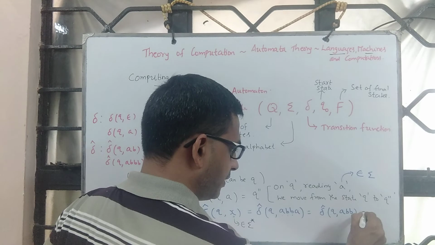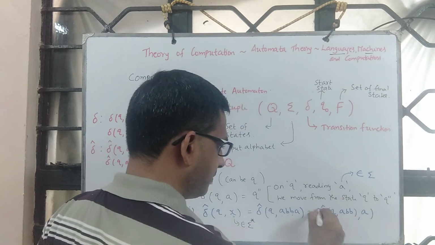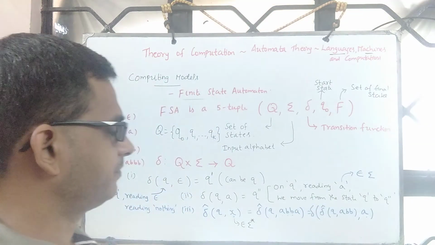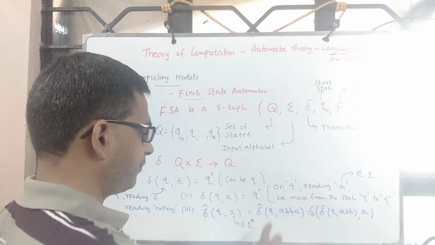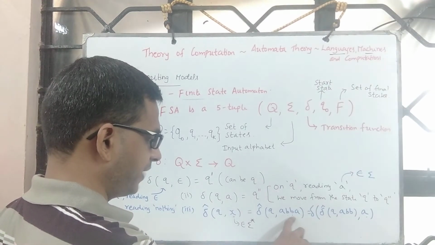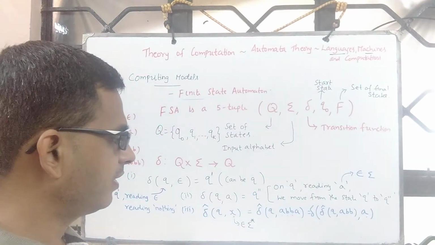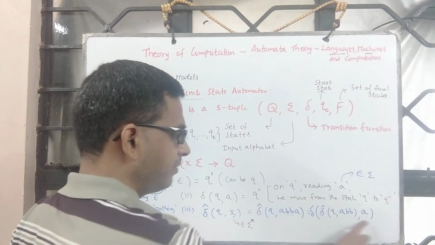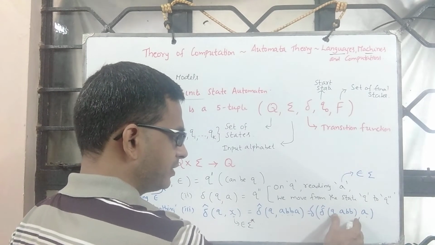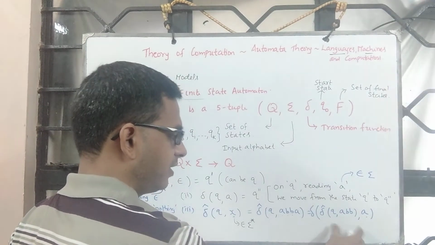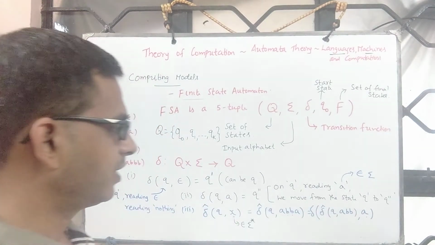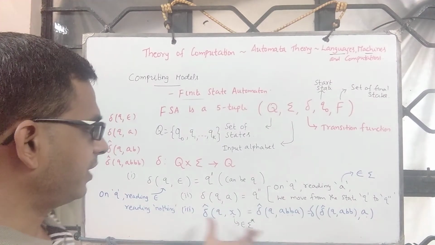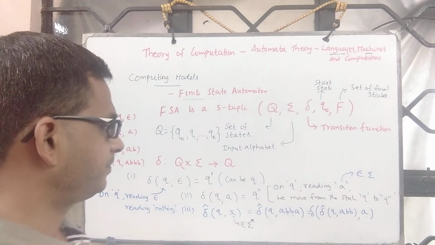From that state you read the last symbol A, because you are reading just one, and that takes you to a state. So delta cap of Q comma X, in particular if X is ABBA, can be rewritten by leaving the last symbol, reading the rest of the string to come to a state, and from that state reading A will take you to a state, correct? And so writing this is equivalent to writing this.